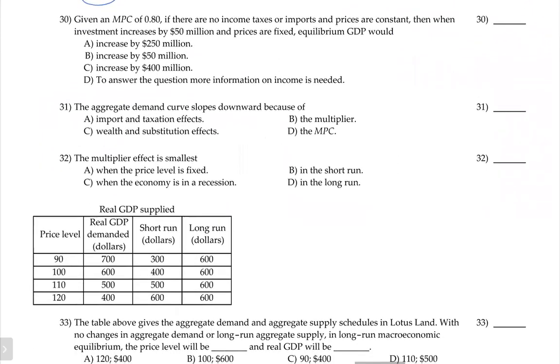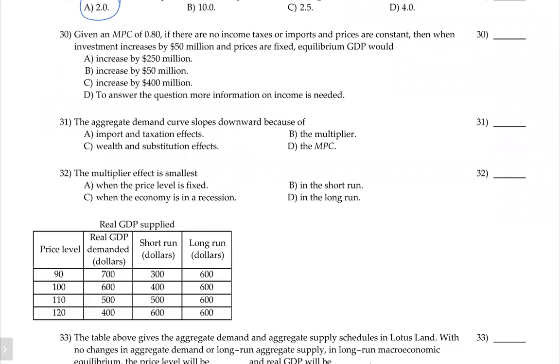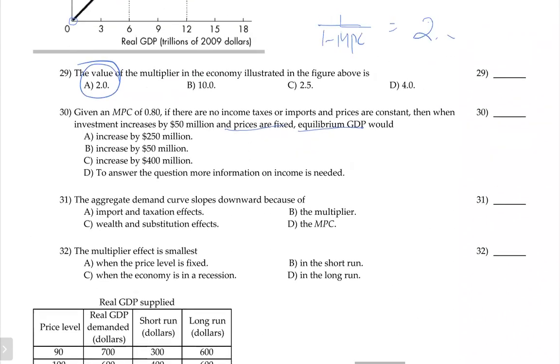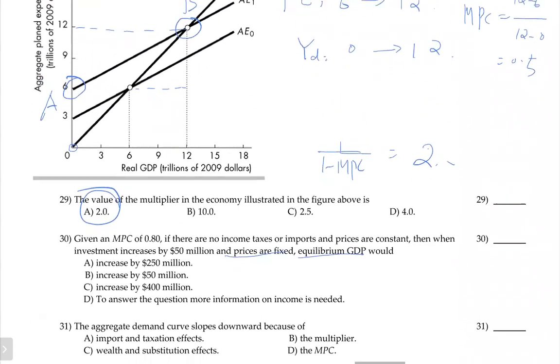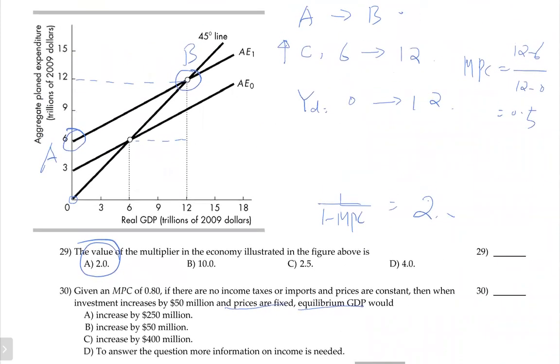30. Given the MPC of 0.80, if there are no income tax or import and the prices are constant, then when investment increases by 50 and the price are fixed, equilibrium GDP would. All right, so actually we can use the same things here, right? So basically this says, if the curve shifts up by 50, how does the income or real GDP change?